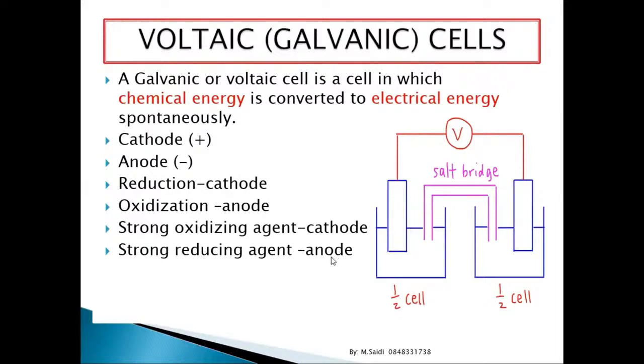The anode is negative. If it is a strong reducing agent, then it is oxidized. It is able to release the electrons. It increases in oxidation state. When you lose electrons, you become more positive.